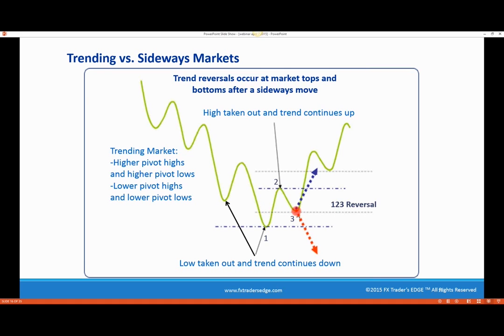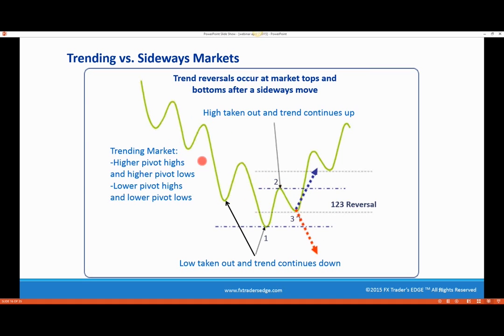We might suppose that the market is going to change trend here and move up, which means that if we do make that assumption, our stops have to be below 0.1. This is called a 1, 2, 3 reversal pattern right here. And this is what I use very often all the time to confirm a new trend.